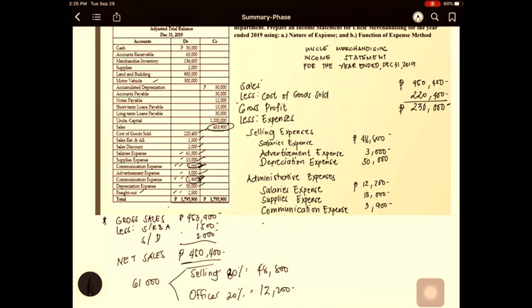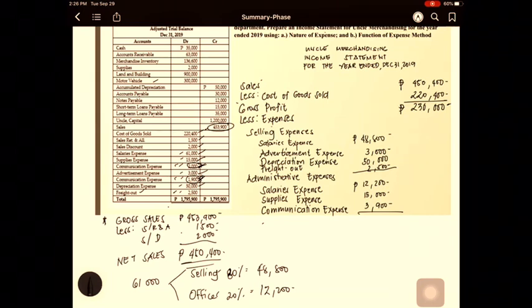And lastly, we have here your freight out. From the term itself, immediately you know that it's the delivery cost. Therefore, it is under your selling expenses. So the amount of freight out is 2,500. Then you get their totals.